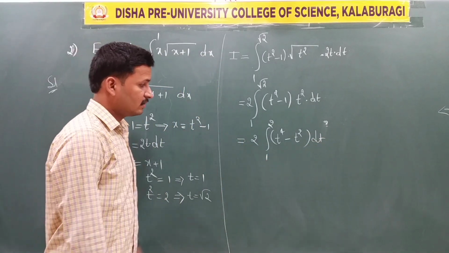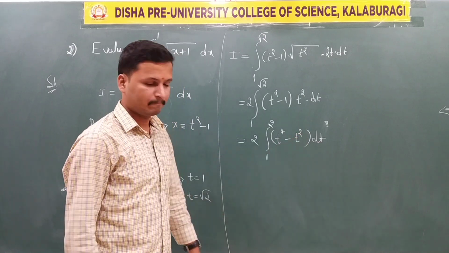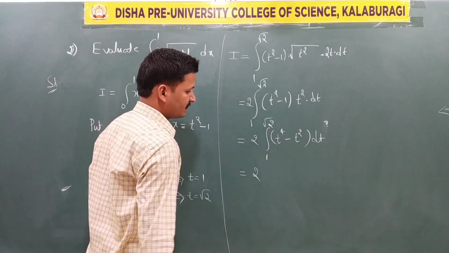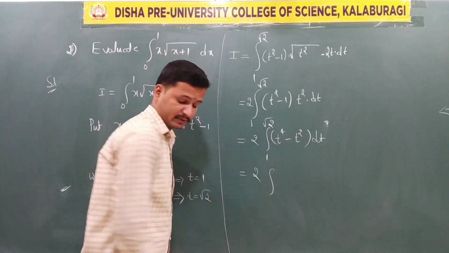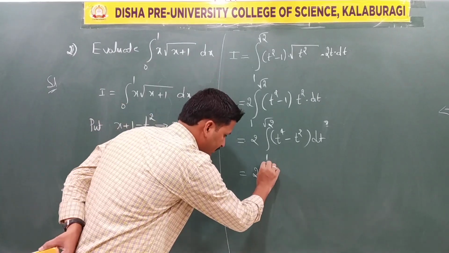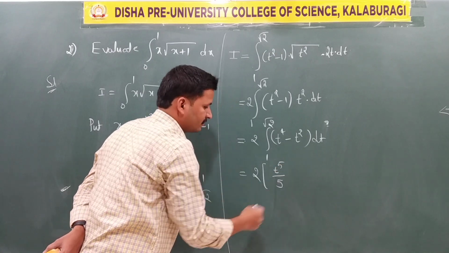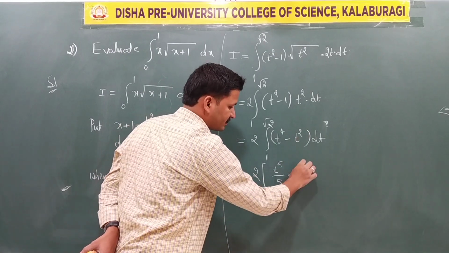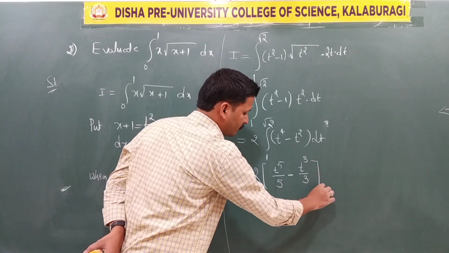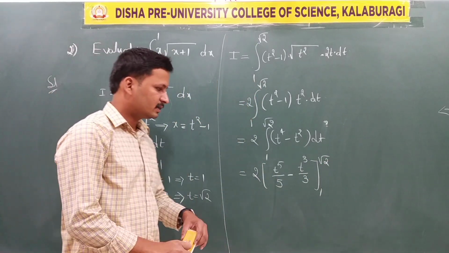Now integrate t raised to 4 with respect to t and t squared with respect to t. It equals 2 times, from 1 to root 2, the integration of t to the power 4, that is t to the power 5 divided by 5, minus the integration of t squared, that is t cube divided by 3. Now use the fundamental theorem of calculus.